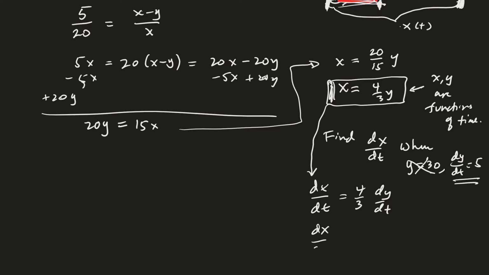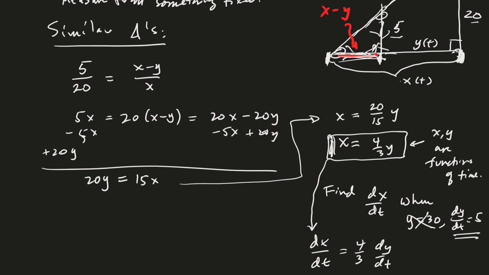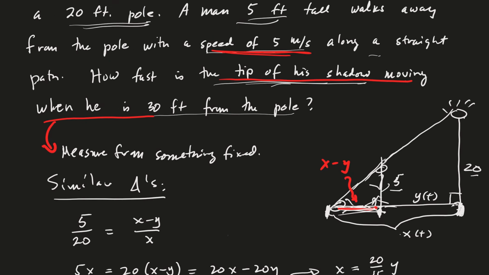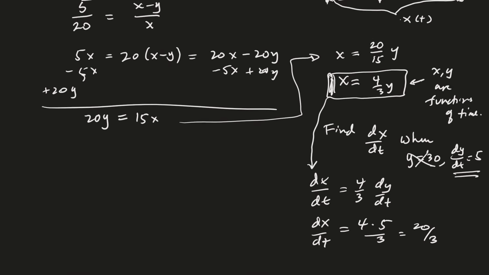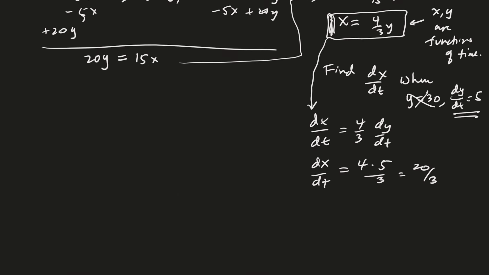So dx over dt equals 4 times 5 over 3, 20/3. And that is in feet per second. Very good. And that is it. Good. So we'll try another example in just a bit.